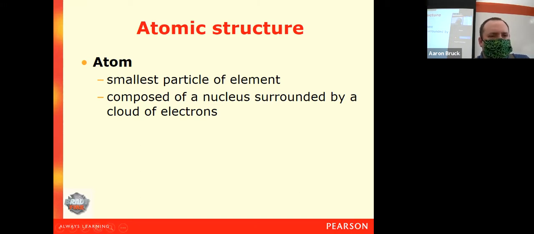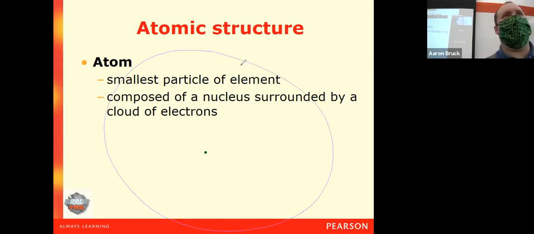Now, the atom itself carries this description. It is a nucleus surrounded by a cloud of electrons. And if I were to draw that, I would start with my nucleus here in the middle. And that cloud of electrons would represent an area absolutely gigantic by comparison.